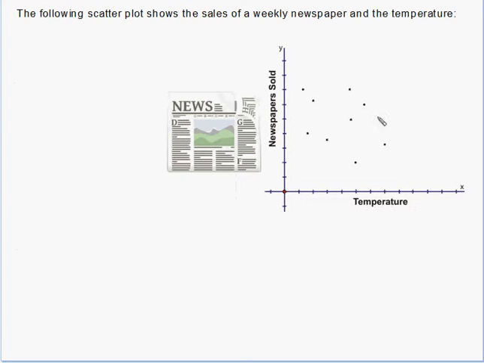Here we have another scatter plot about the newspapers that are being sold versus the temperature outside. Do you see how these don't make the shape of a line? There's just a big blob of dots everywhere. It's not a relationship. The dots do not approximate a line.